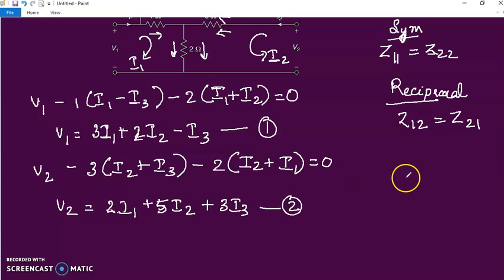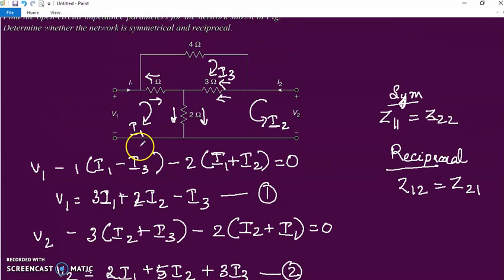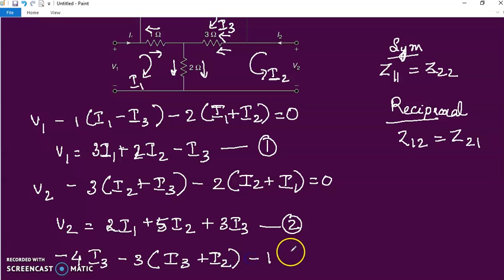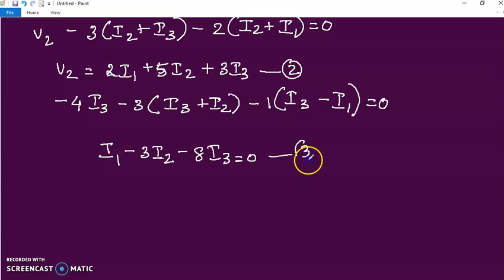Now we'll go for the third mesh. Minus 4 into I3, minus 3 into I3 plus I2, minus 1 into I3 minus I1 is equal to 0. Now we will rearrange this. This is equation number 3.